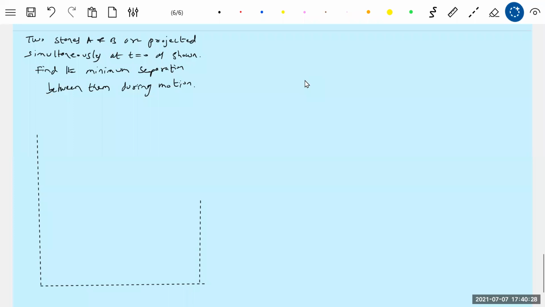This is stone A, at 45 degrees. This is stone B. The angle of projection is also 45 degrees. Those velocities I'll give: UA is 2 meter per second, UB is 14 meter per second.